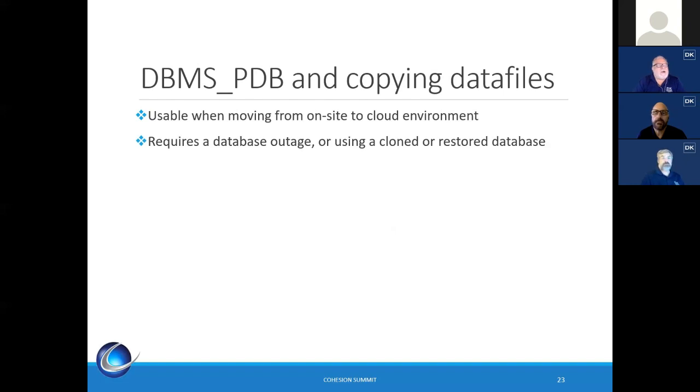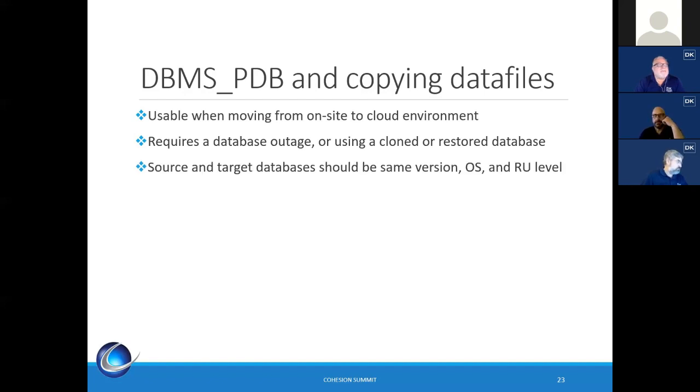It does require a database outage because you have to get the clean data files out of the database. Or you can, as I did with one school, clone the database over from one database VM to another database VM. I upgraded it from their current environment to 19c. I uploaded the 19c clone up to the cloud and then imported that into a PDB.